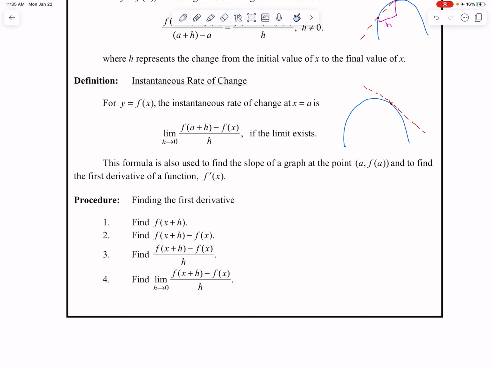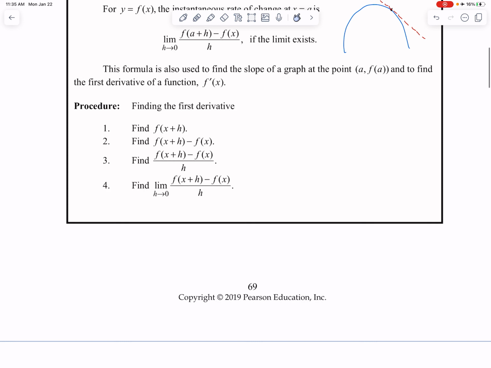And this formula is also used to find the slope of a graph at a point a, f of a, and to find the first derivative, f prime. And that is what we're interested in today. So here's our procedure for finding the first derivative. Number 1, find f of x plus h. So we want to know what is our y value at this x plus h that we're looking at.